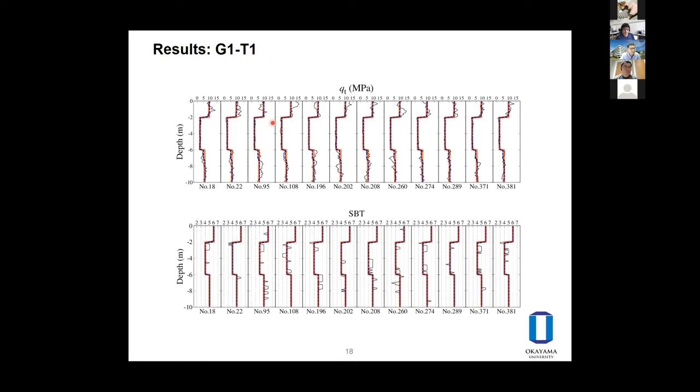Okay, so these are the results of G1 T1 benchmark, and top indicates the results of QT, and bottom indicates the result of SBT. And in these figures, this red thick line indicates mean value of the data used to generate a random value.